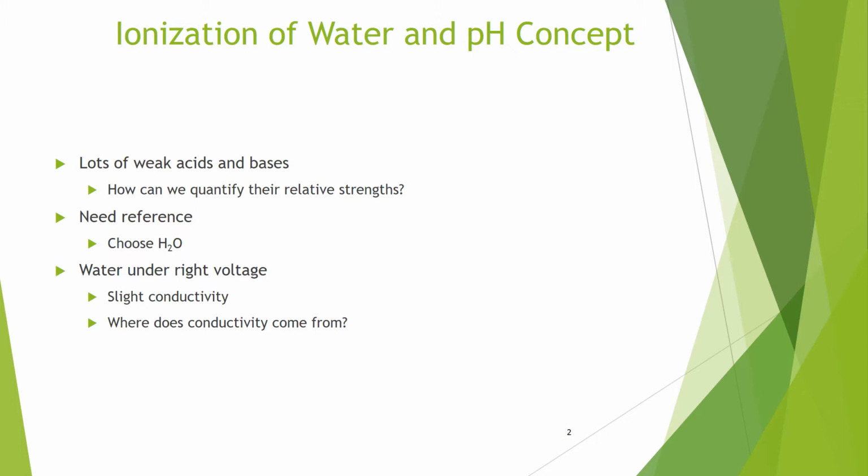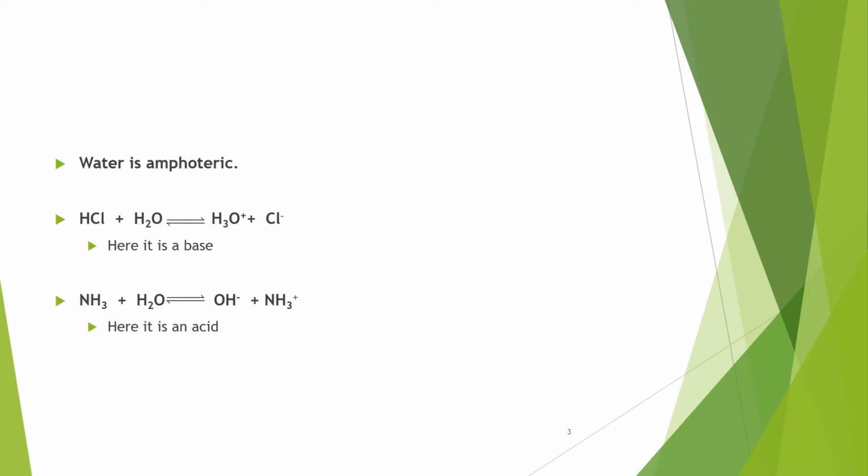The fact that water, if you add electricity to it, actually provides a current seems kind of odd, since you would usually need electrolytes in water for that to happen. And why is this?